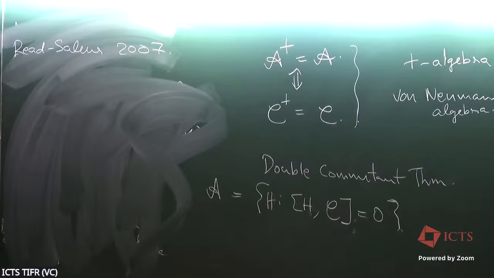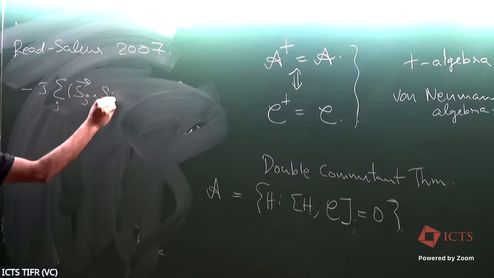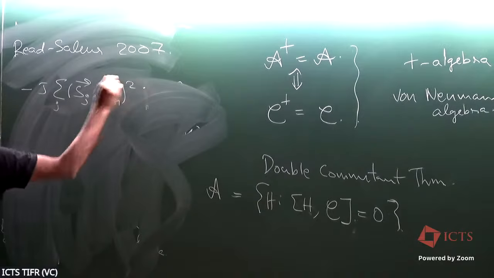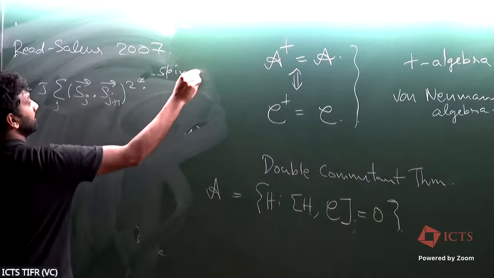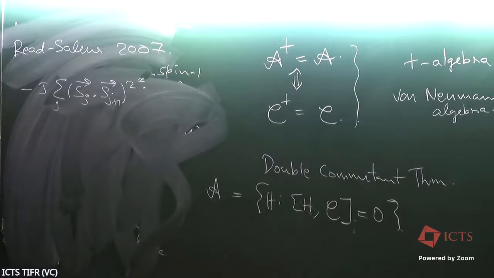They were looking at spin one models of this sort, (S_j · S_{j+1}) squared. These are spin one Hamiltonians. And what they found, I forget the sign, whether it was positive or negative, was that for a system size of 10, the number of ground states was something like 10,000.